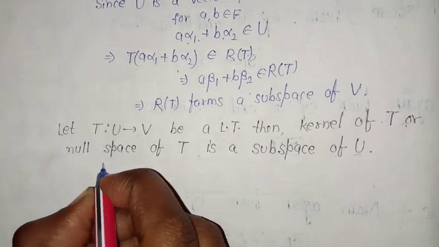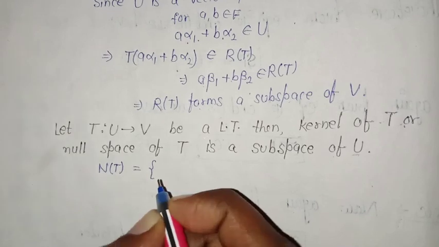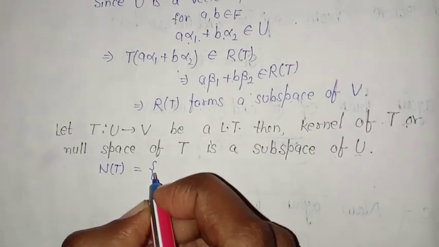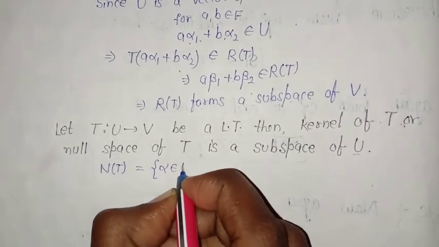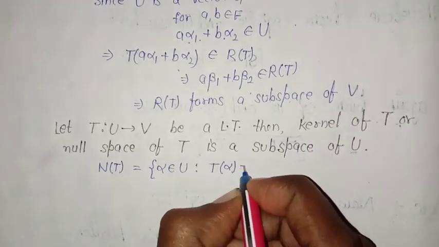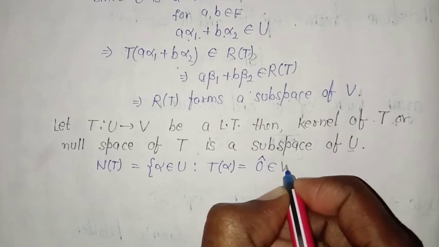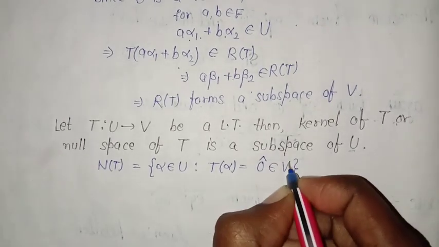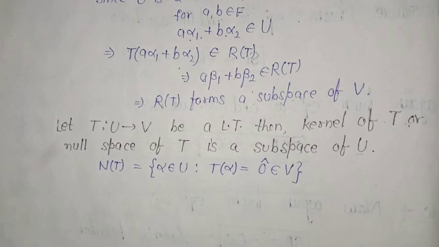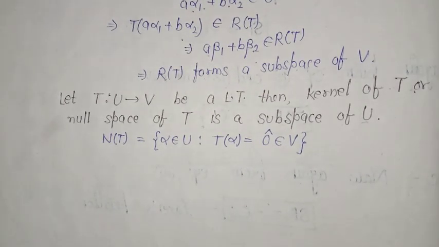Firstly we define the null space of T. It is the collection of all those elements of U which are mapped onto the zero element of the vector space V. Now we have to prove that this set is also a non-empty set.